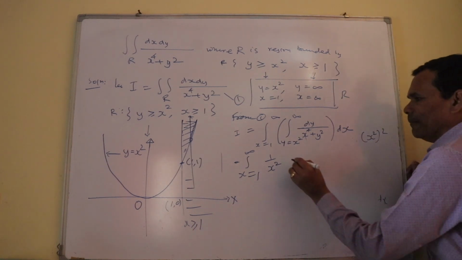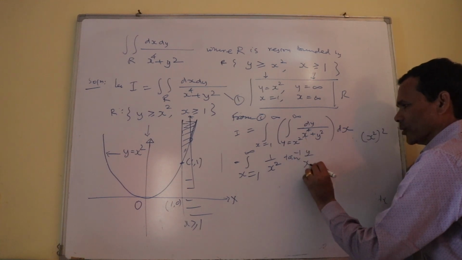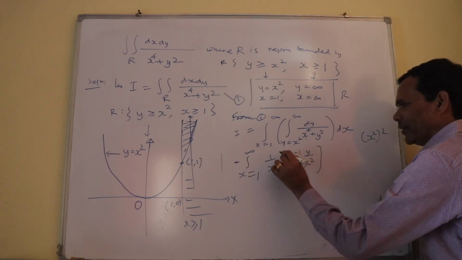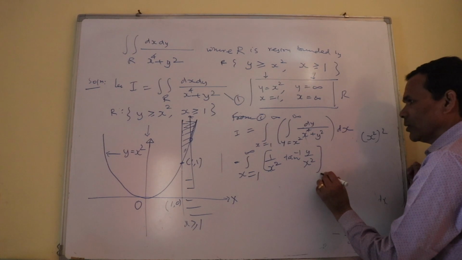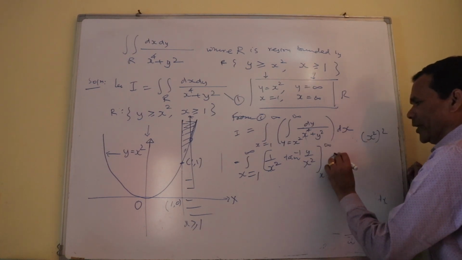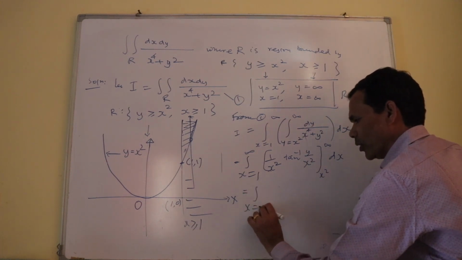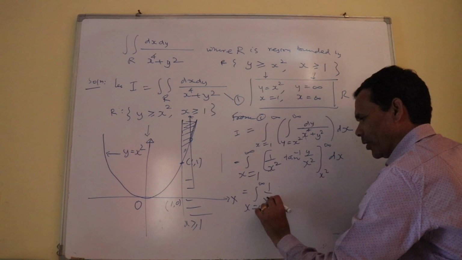Now we use the formula tan inverse of y upon x square, and limits applied, it is x square to infinity into dx. So you get this as x from 1 to infinity, 1 upon x square.